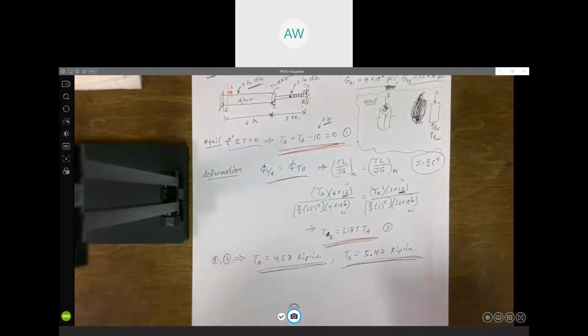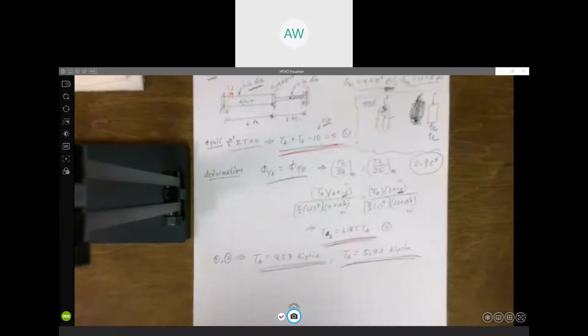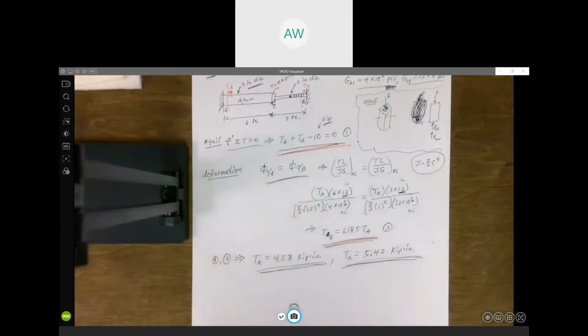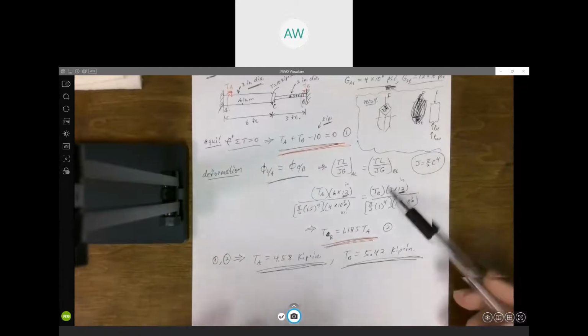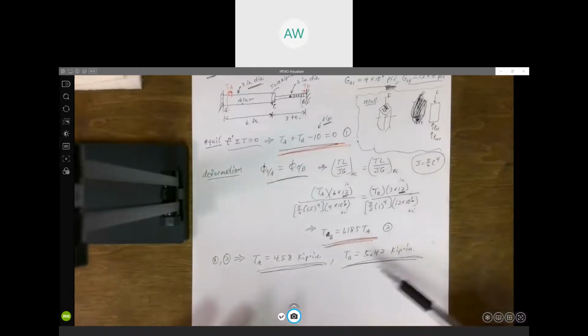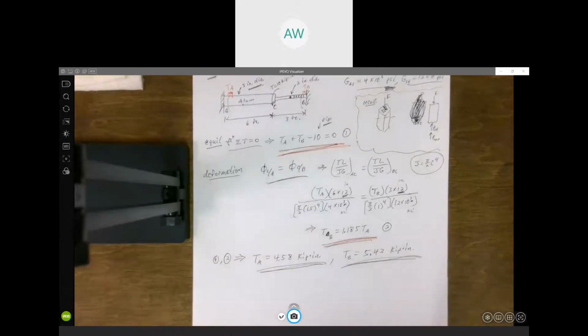So we see they did not each come out to be 5, right? Because you've got different materials, different sizes. All that factors in and will determine how much torque the aluminum takes compared to how much torque the steel is going to take.